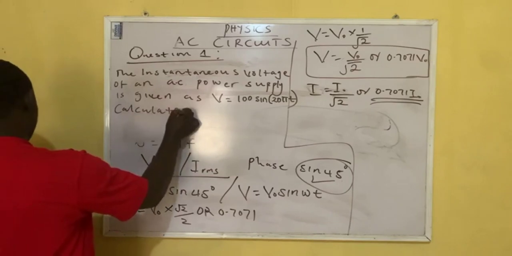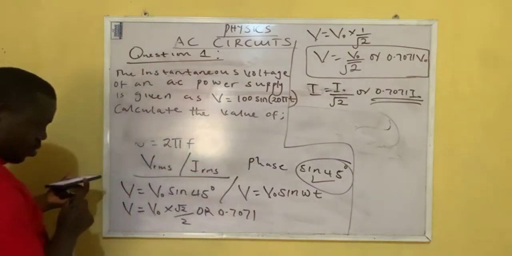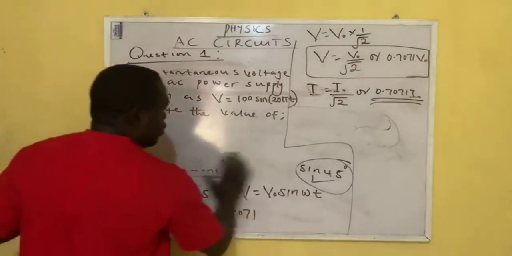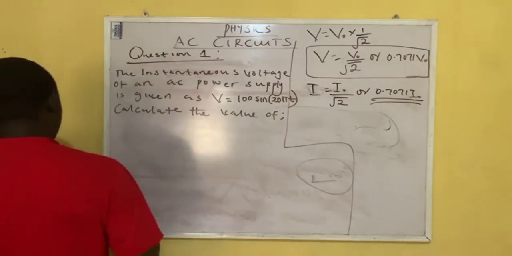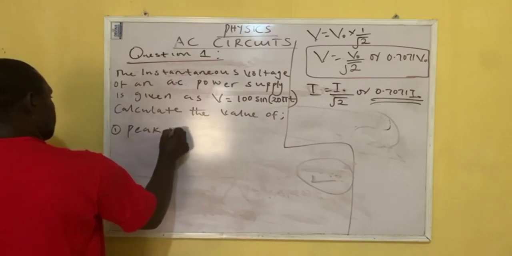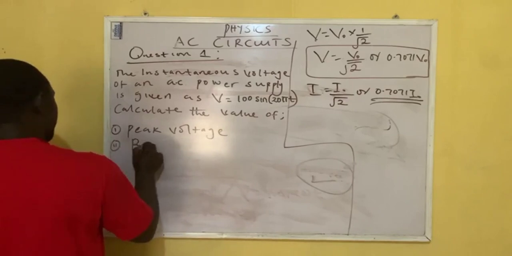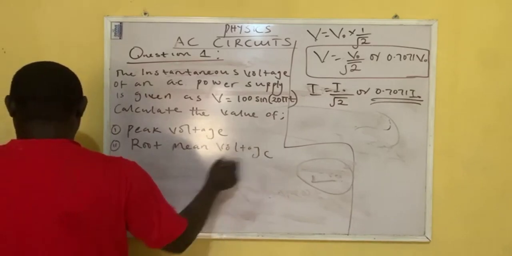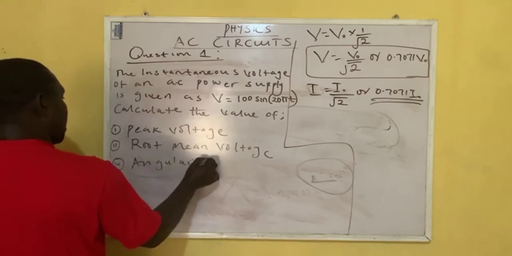Calculate the value. So we want to calculate: number 1, the peak voltage; 2, the root mean square voltage; 3, the angular frequency.